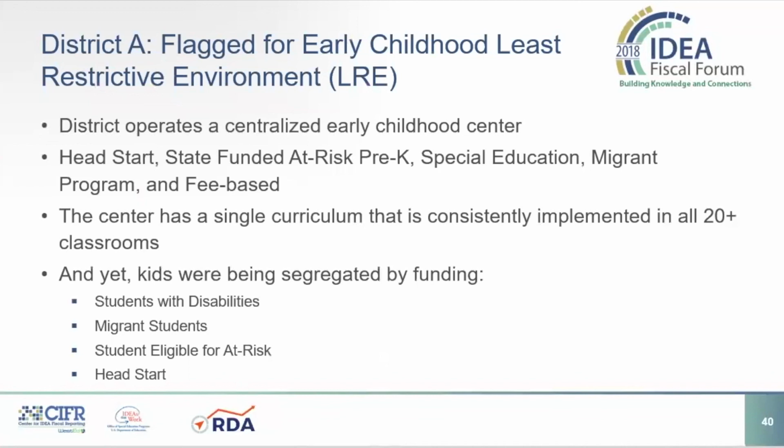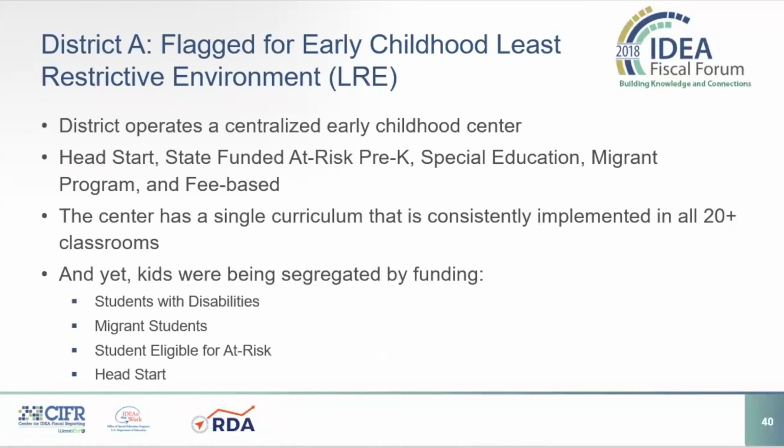This first one is a situation in which we have a district that operates a centralized early childhood center. They had Head Start, state-funded at-risk pre-K, special education pre-K, migrant program, and a fee-based special education program.